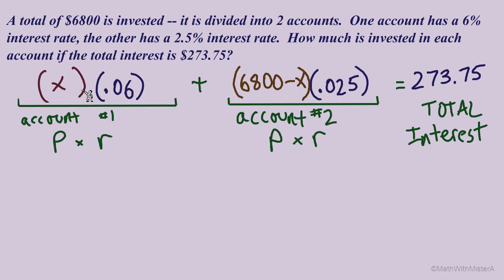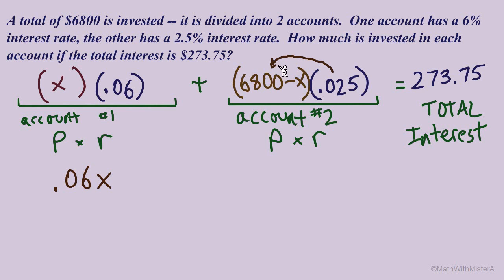The next steps for solving this equation would be to multiply the principal times the rate. We do have this variable x in there, so the first account can only be called 0.06x, the result of multiplying x times 6%, 0.06. Be careful about this second account because we're using two terms here to represent the principal. That means when we multiply by 0.025, we must distribute.